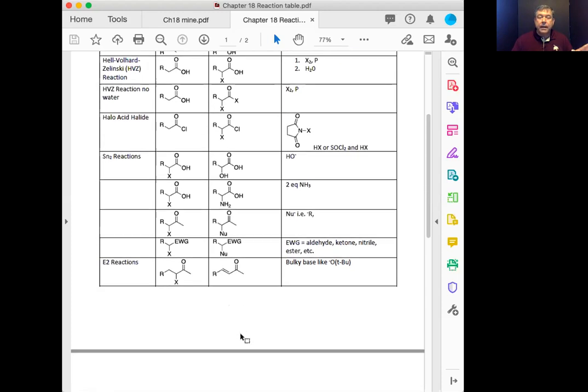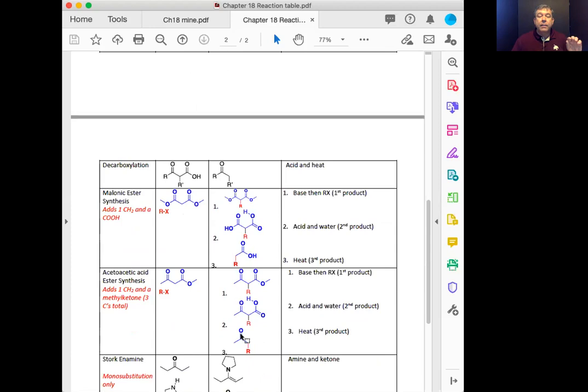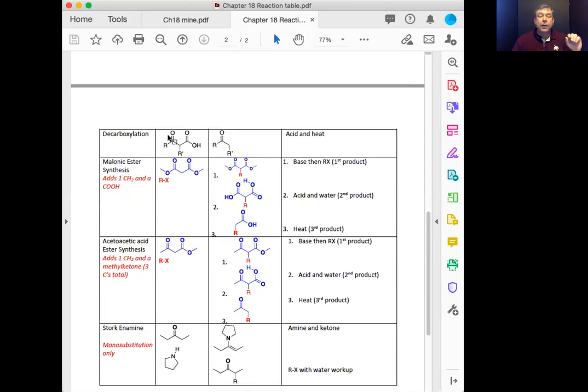So that's how to look at that reaction there. And then the next thing we have is the decarboxylation. And remember, we have to have this acid with a beta ketone as our substrate here. And with heat and acid, we lose CO2 and we have our ketone as our product.